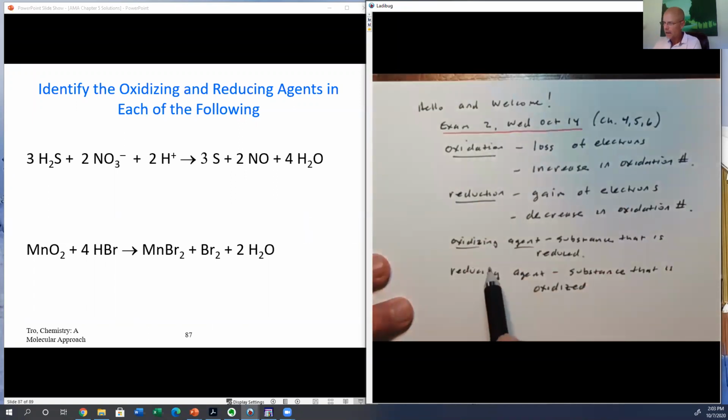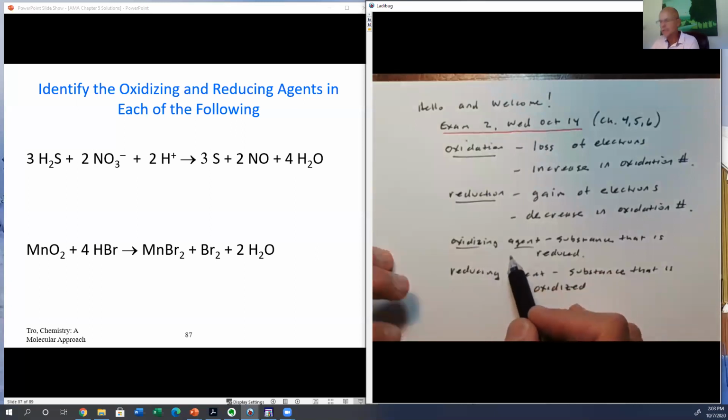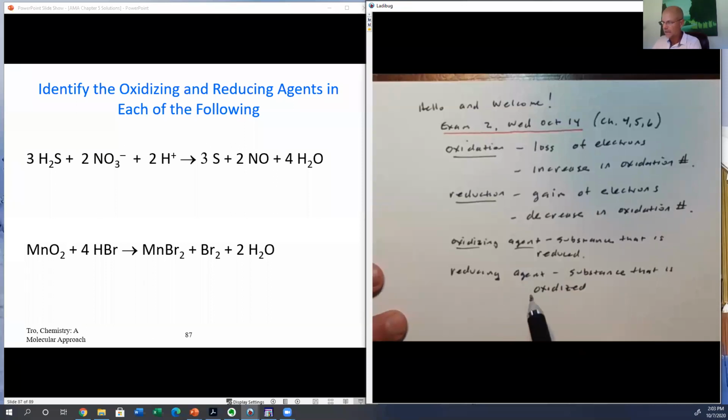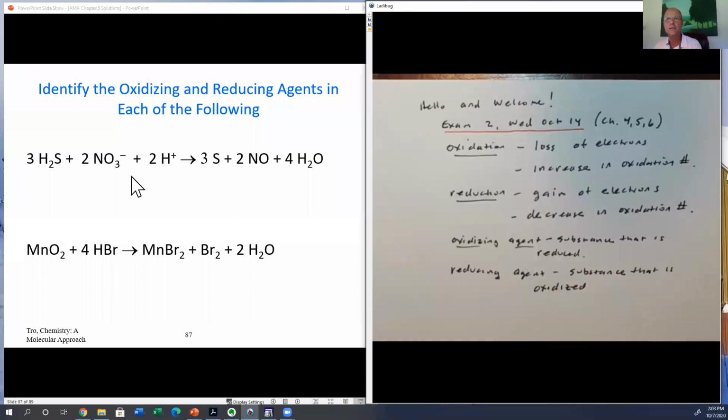The substance that is reduced is called the oxidizing agent. Why is it called the oxidizing agent? Because it causes the oxidation of something else, but it itself is reduced. The reducing agent is a substance that causes the reduction of something else, but is itself oxidized. So what we're going to do in this example is identify the oxidizing and reducing agents in these reactions.